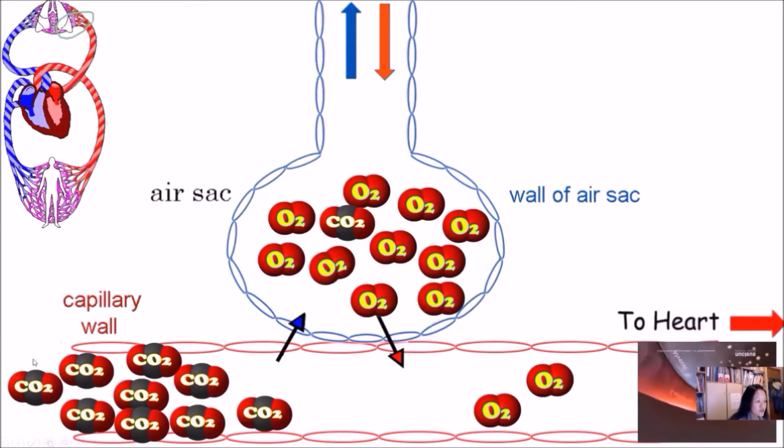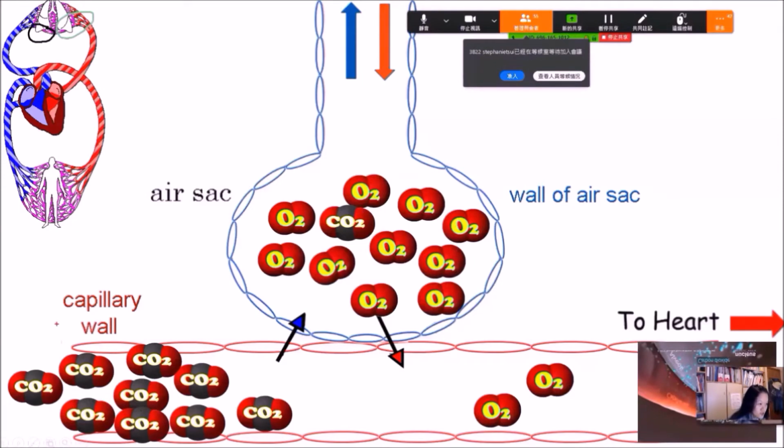This end of the capillary wall is on the left-hand side, the other end goes to the heart. For the first region, this is region 1. Which part is number 1? Try to mark number 1. Yes, number 1 is here.